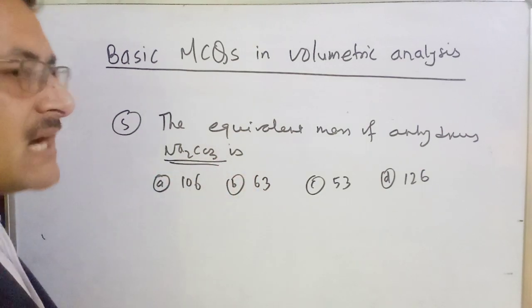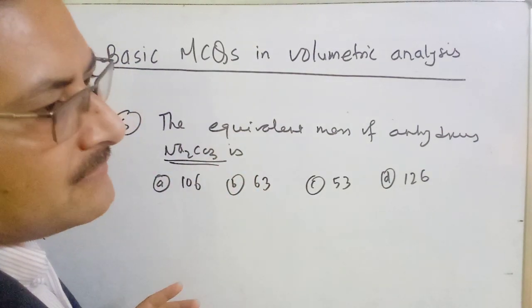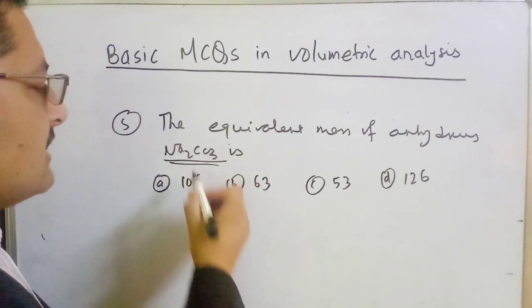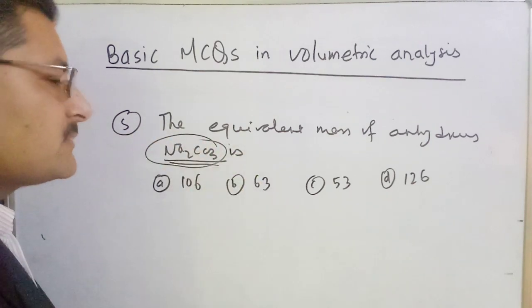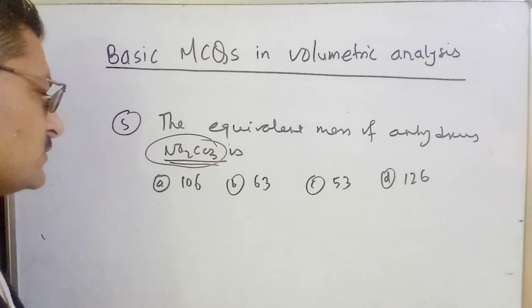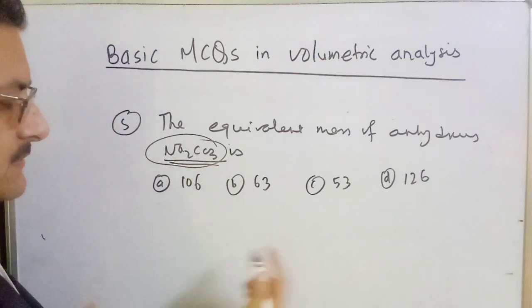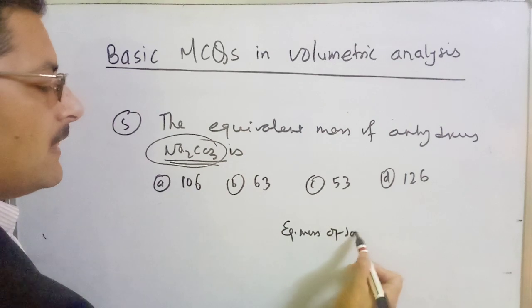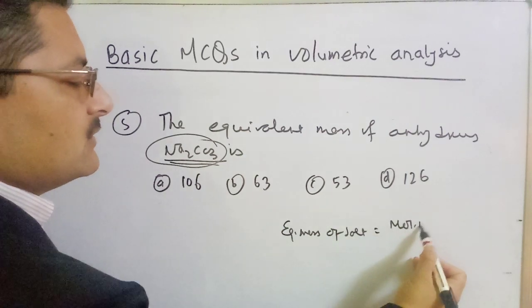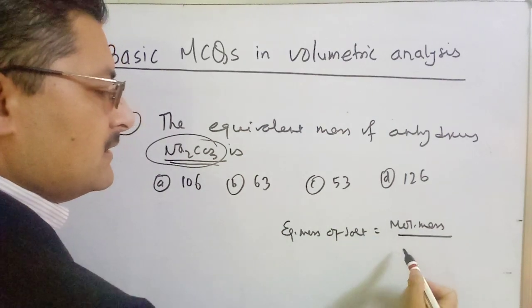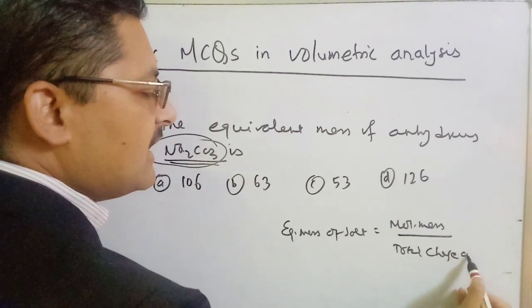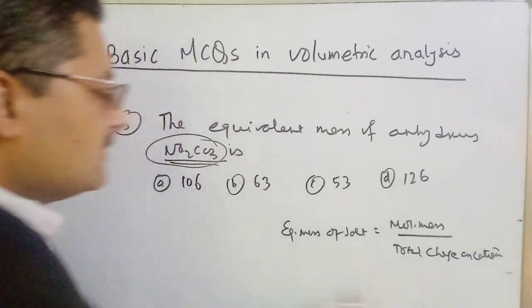We are concerned with the equivalent mass of anhydrous sodium carbonate. Anhydrous means it doesn't have any water of crystallization, so it's just sodium carbonate, which we may consider as a salt. In the case of a salt, equivalent mass equals molecular mass upon total charge on the cation.